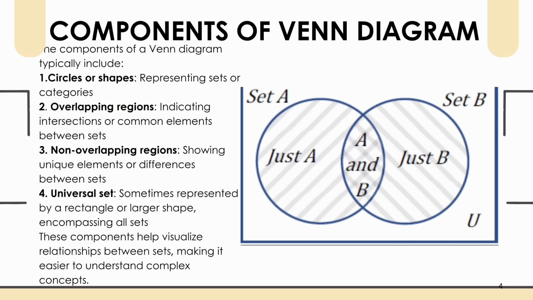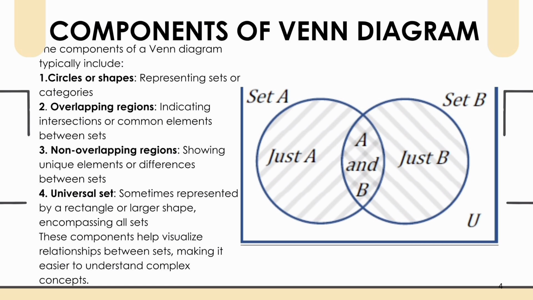Now we will discuss the components of Venn diagram. Circles or shapes. Shapes can be oval. These represent the sets, different categories of sets under consideration. Overlapping region. In overlapping region, there are common elements between these sets.